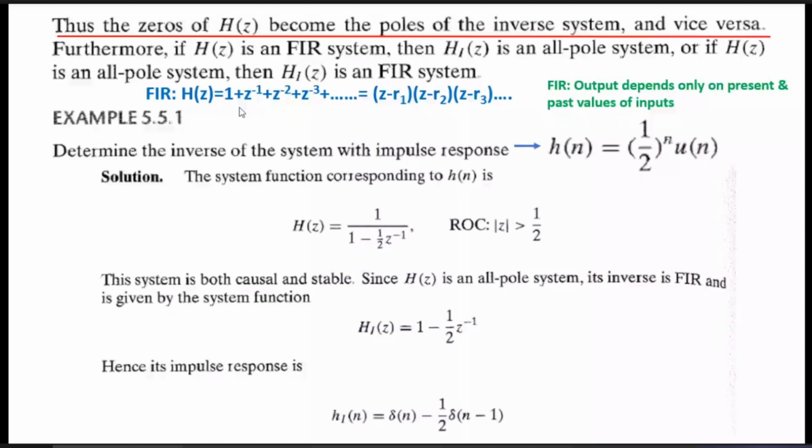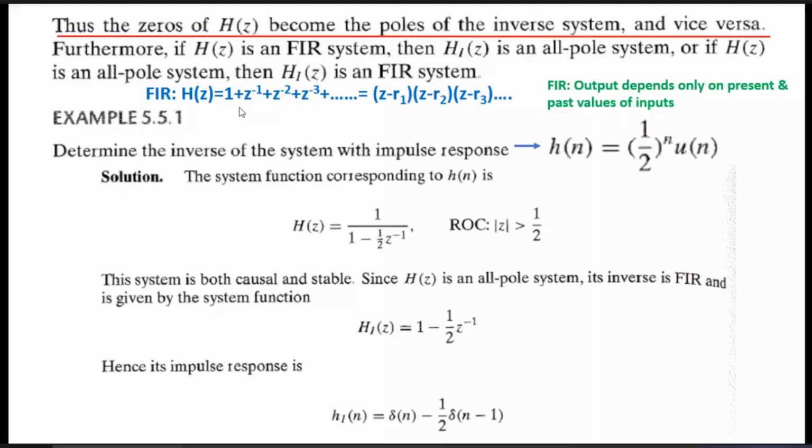Both the zeros and poles should be there in the case of IIR. This is because the output depends also on past values of output.